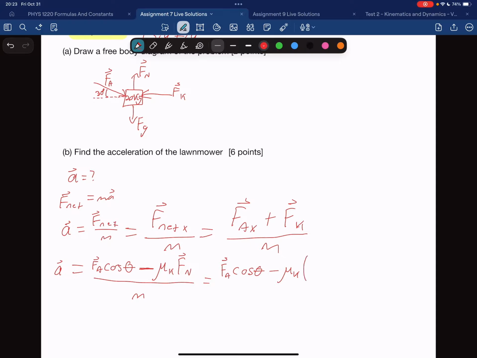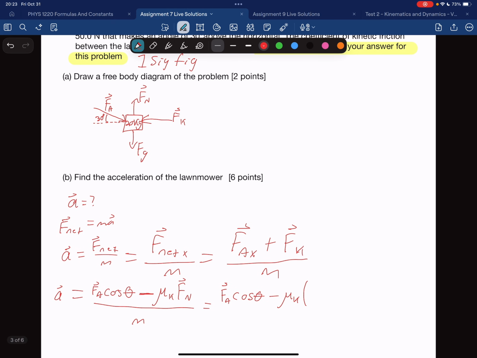So our normal force is going to be what balances the force of gravity and the vertical components of the applied force. So part of the applied force is being pushed straight down. So to balance this out, the normal force is balancing the y component of the applied force and the force of gravity. It has to balance both.